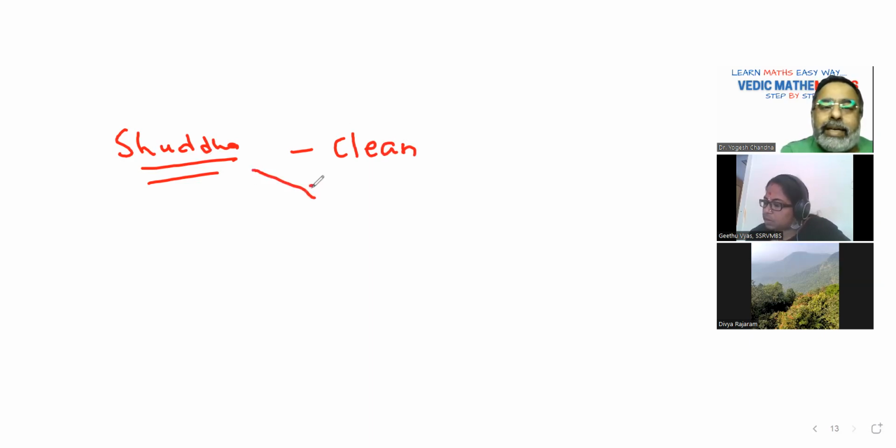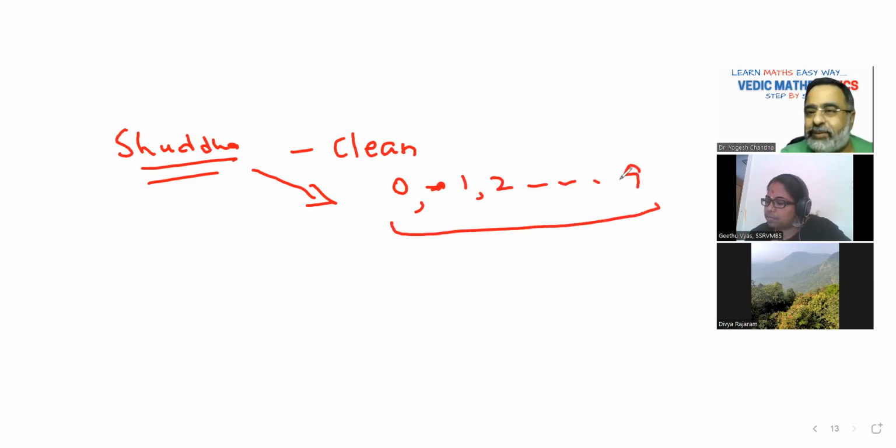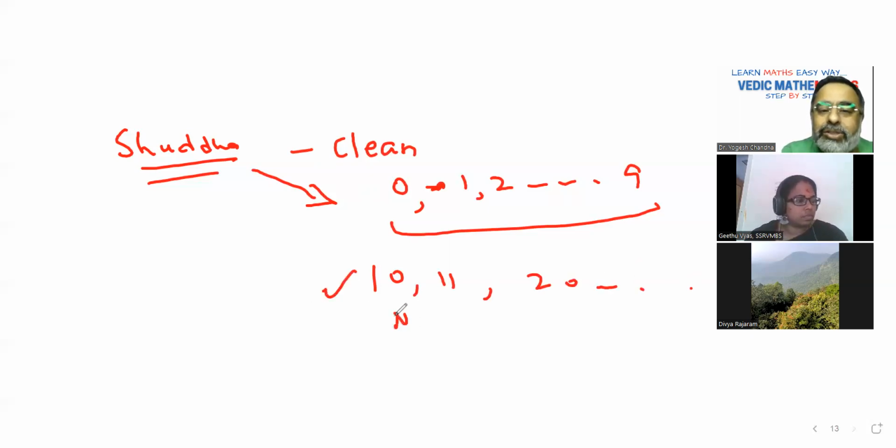We believe that only 0 to 9, 0, 1, 2, up till 9, these numbers are Shuddha. These are the only original numbers. Anything which is derived from these numbers, 11, 10, 20, anything, they all are non-Shuddha.